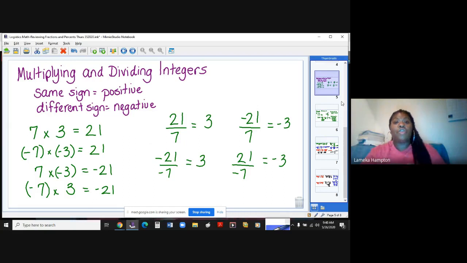Okay, so in order to be successful in geometry and in algebra, you must have these fundamentals down pat. Okay, so just letting you know, this week we're going to be covering, well, we just finished up the integers.